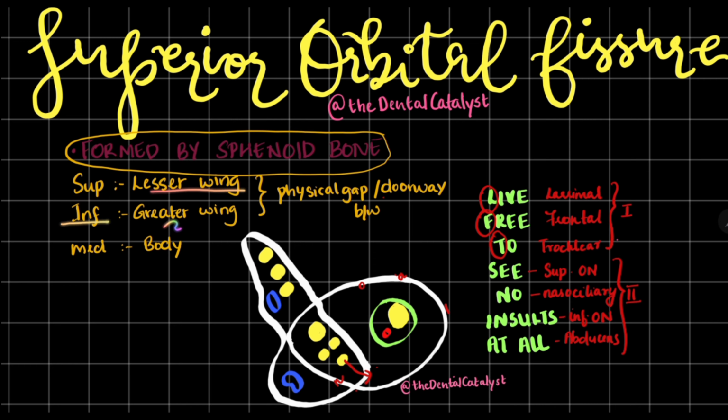The inferior aspect is formed by the greater wing of sphenoid bone. And the medial aspect of the superior orbital fissure is formed by the body of the sphenoid. Now you can basically imagine the superior orbital fissure as a physical gap or a doorway between the lesser wing of sphenoid and the greater wing of sphenoid.